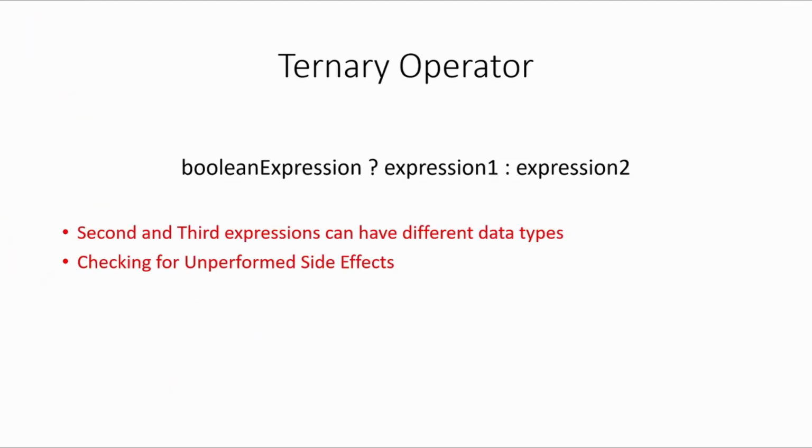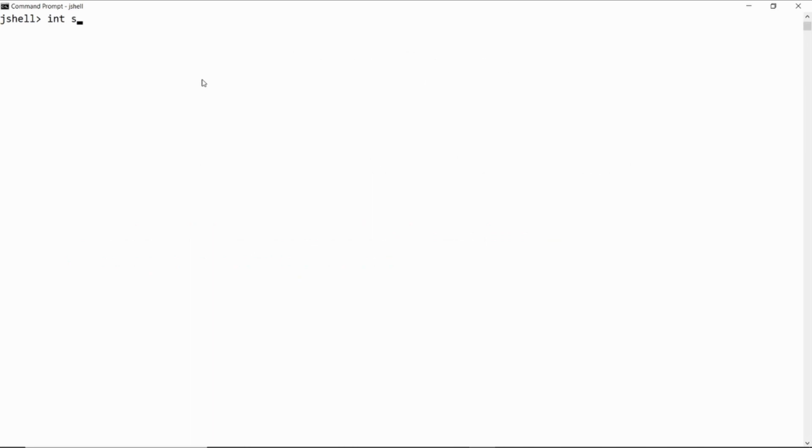Okay, next, checking for unperformed side effect. It is pretty much same as short circuit operator. Let's declare two variables, sheep value 1 and zzz value 1, and int sleep equals zzz less than 10, then sheep plus plus, zzz plus plus.